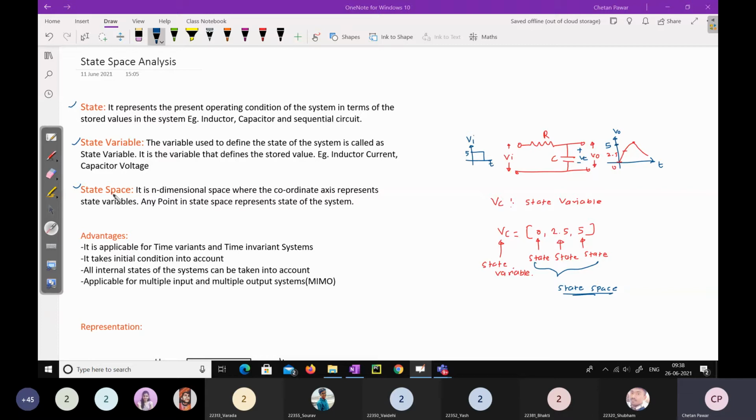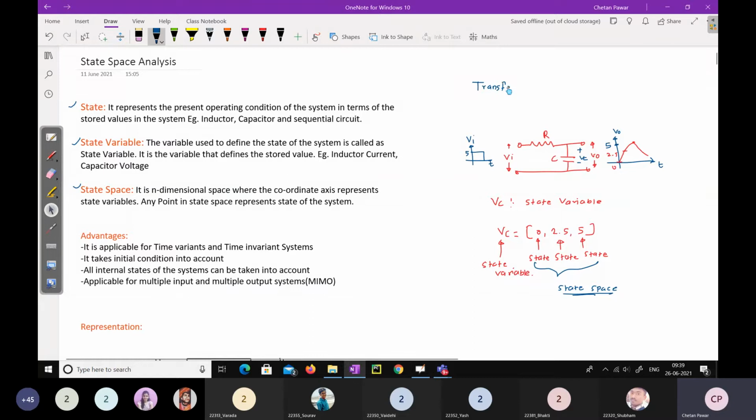Now, if you want to calculate a transfer function, all this frequency response analysis or time response analysis, we have applied all those techniques on the transfer function.